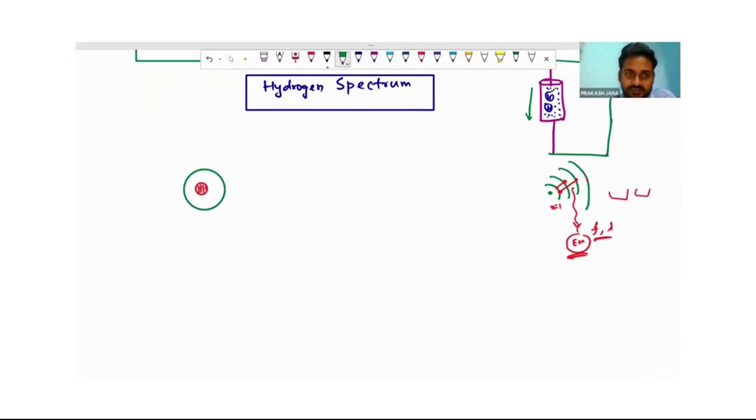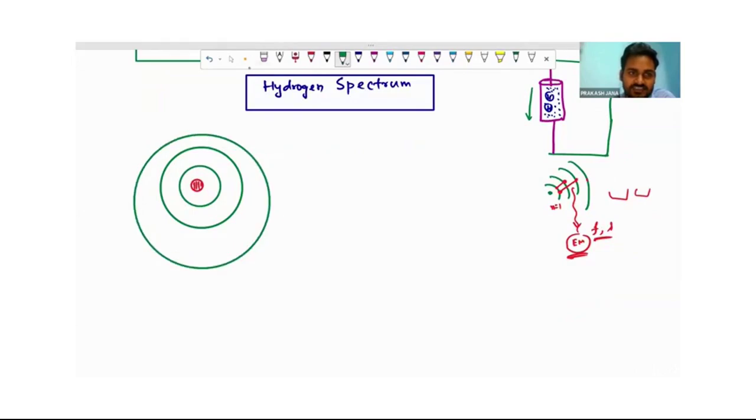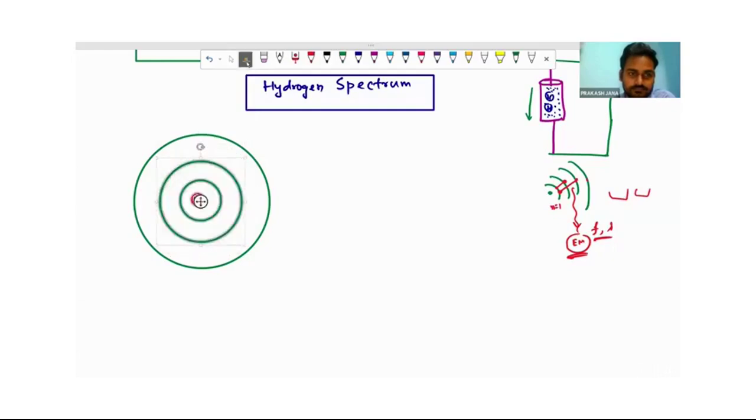Suppose this is n is equal to 1, then I am drawing n is equal to 2. This is n is equal to 3.